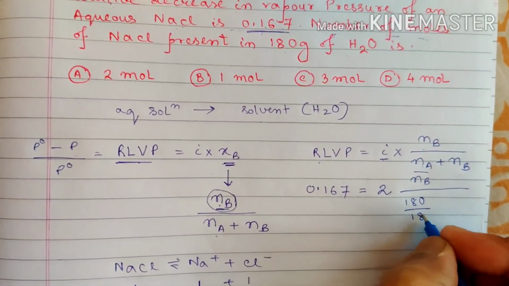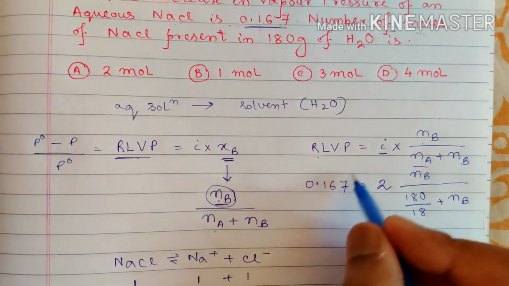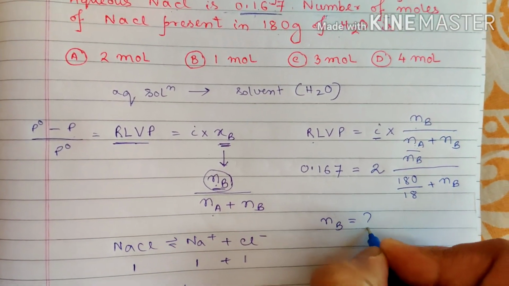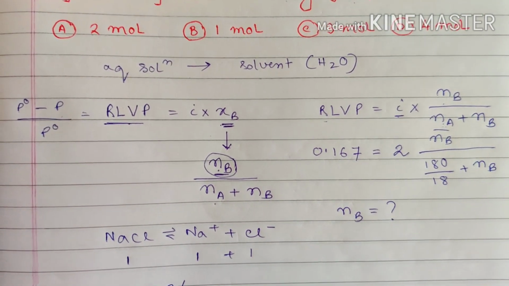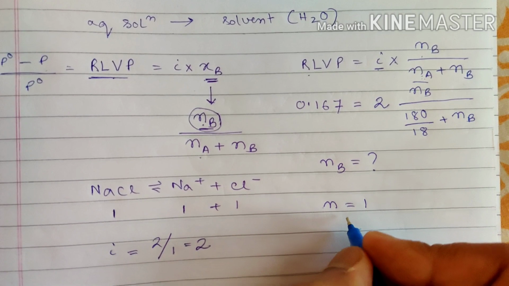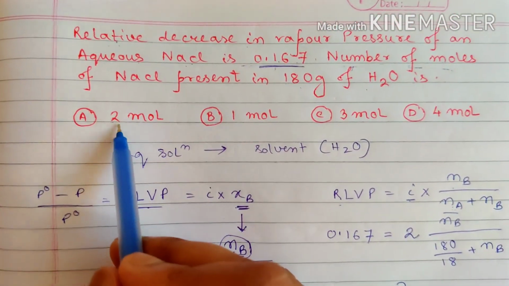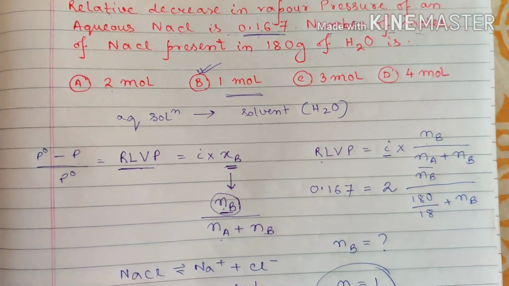Molar mass of water is 18, plus n_B. From here we should be able to solve for the value of n_B. You calculate. After calculation we are getting the value of n_B equal to 1. So as per the given options, I think option B is the correct one, 1 mole.